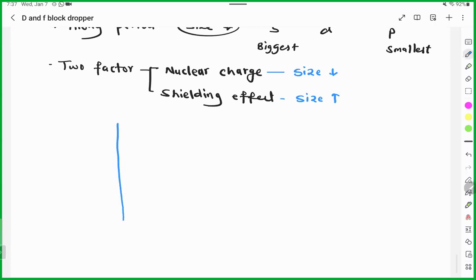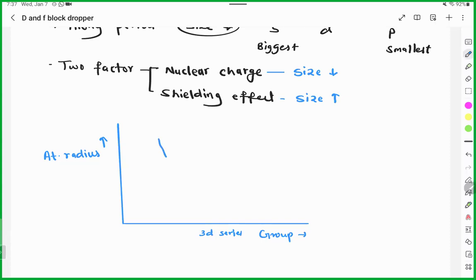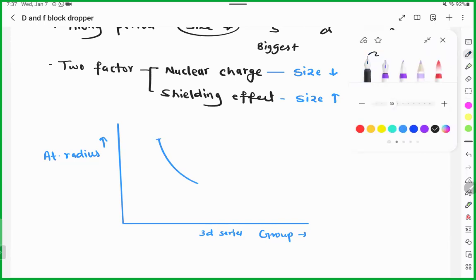Now, when we come specifically to D block elements, for example 3D series, here you have atomic radius, and this is given in NCERT as well. And here you have any group, example 3D series, 4D series. In this 3D series, from scandium to manganese, you will see size is drastically reducing.